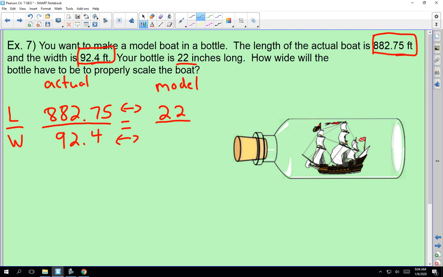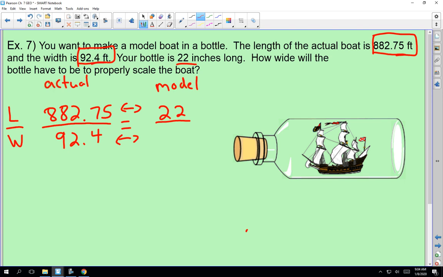If you remember talking about this in algebra, you've got to have length to length and width to width. And if I switched them up and put width on top, it would go width to width on the top and length on the bottom. There are other ways you could set it up. You could have length of the actual over length of the model. That would be fine. You just have to have width of the actual over width of the model here.